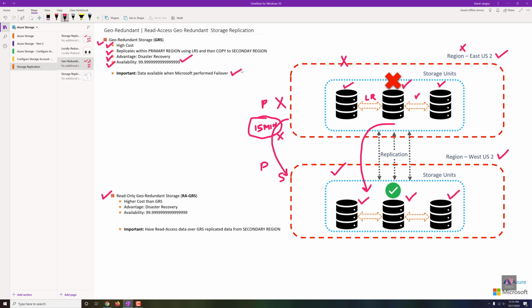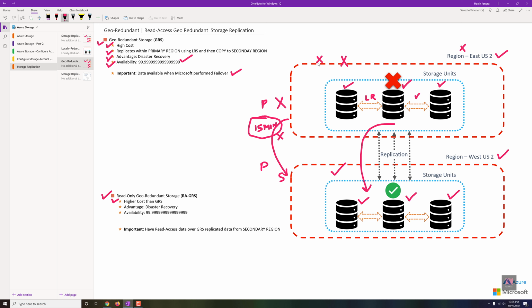Then guys, you need to choose the next solution, which is read-only GeoRedundant storage. The first difference is that it has a higher cost than GRS. Obviously, why? Because it actually provides a read access copy of the data from the secondary location, even though your primary data center or even the whole region is down.